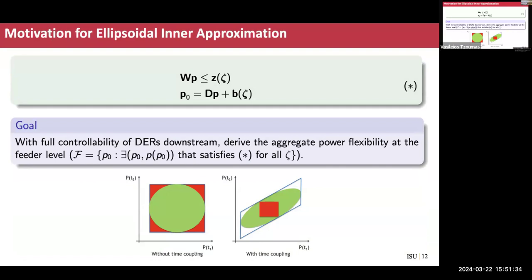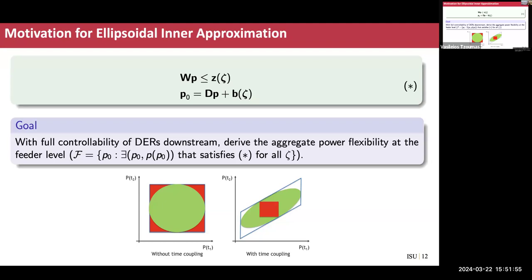We want to derive the image of this alpha mapping from P to P naught that satisfies that for any uncertainty realization, we can find a P that satisfies the set of equations.